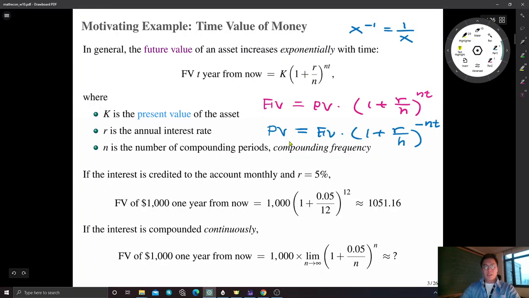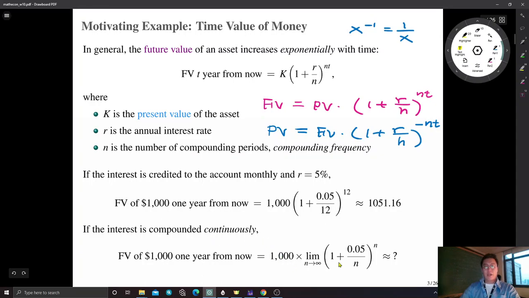Of course this is impossible in practice, but in finance theory, it gives us a nice approximation of the future value if the interest is compounded many, many times. So it can be used as a proxy for when interest is compounded many times.